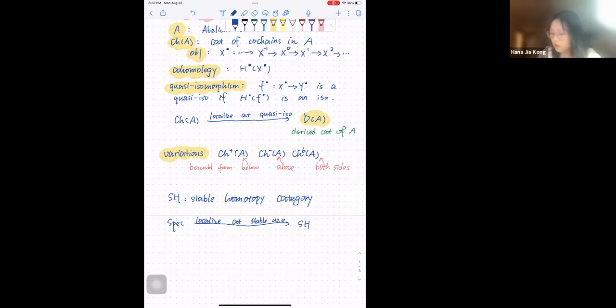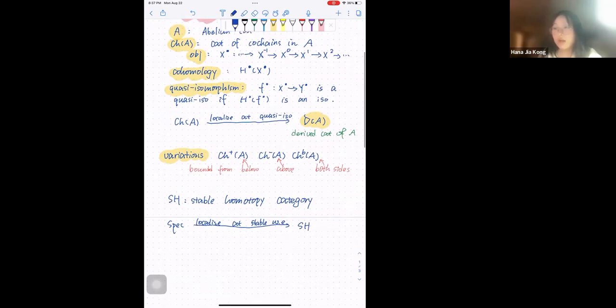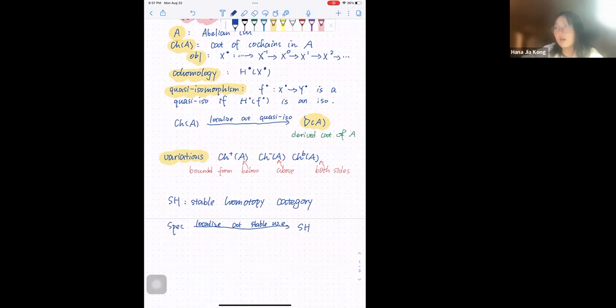As mentioned before, there is something similar between this construction and the construction of derived categories. If you are familiar with these two things, you can find more similarities.